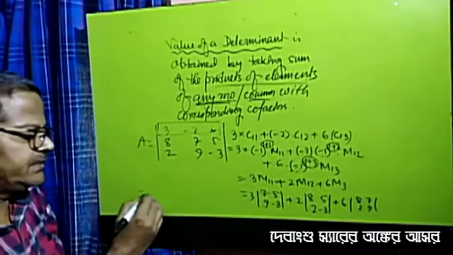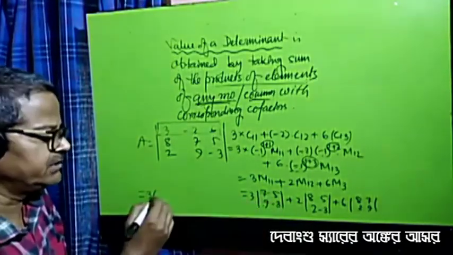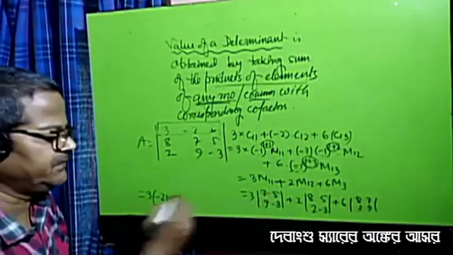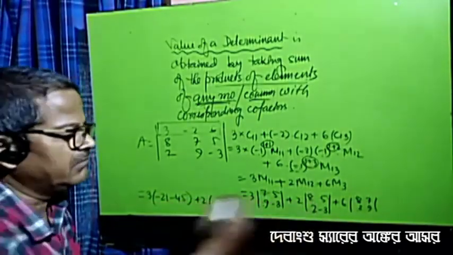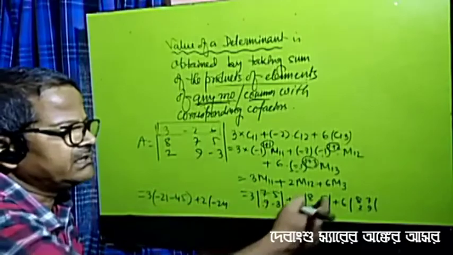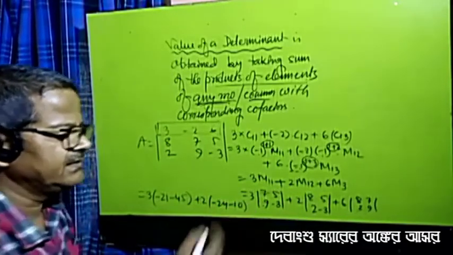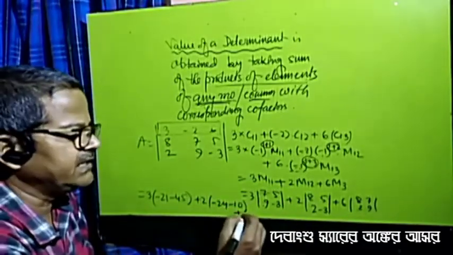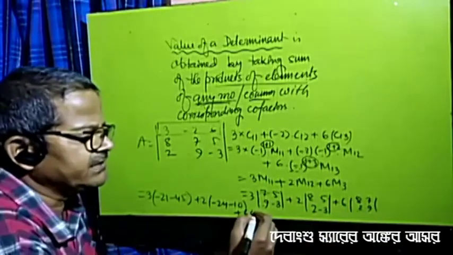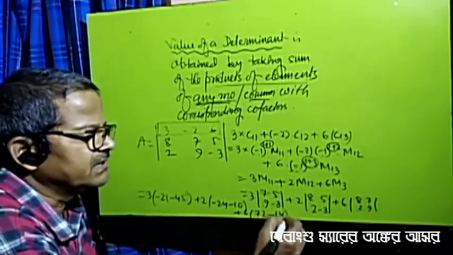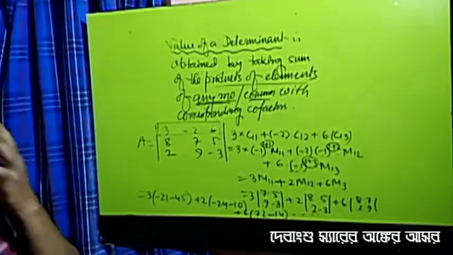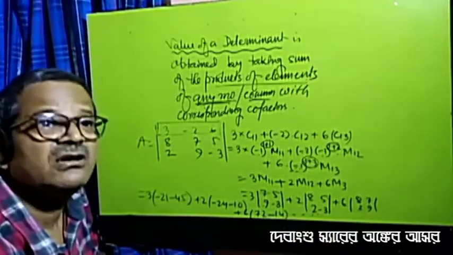So that gives you the value 3 into minus 21, and for 45 it is minus 45. Plus 2 into minus 24 and 10, so it is minus 10. Plus 6, 8 into 9, 72, minus 40. This is expansion with respect to first row.